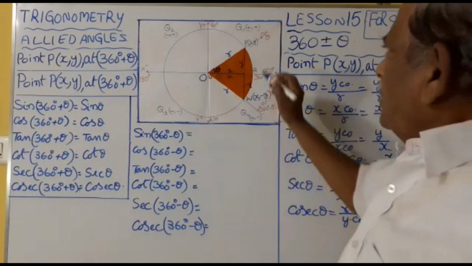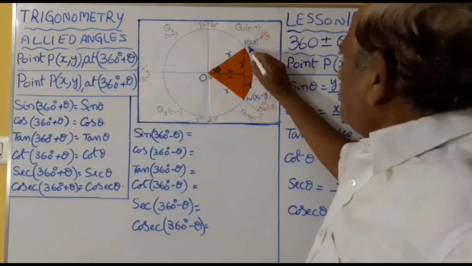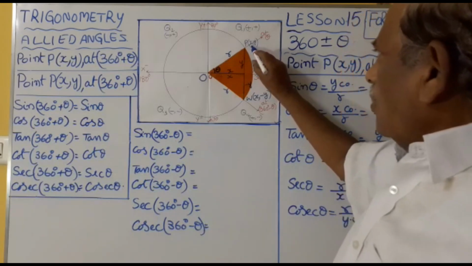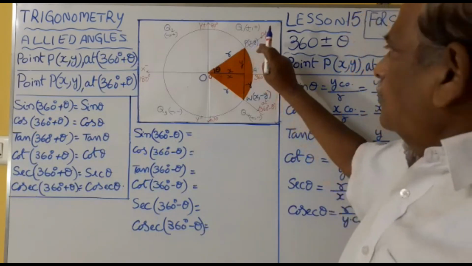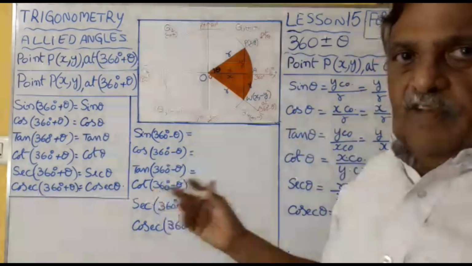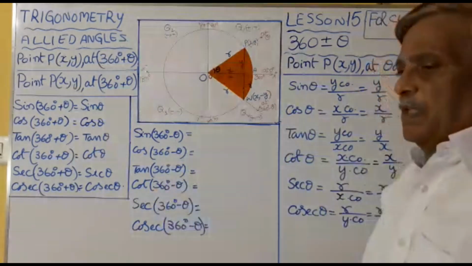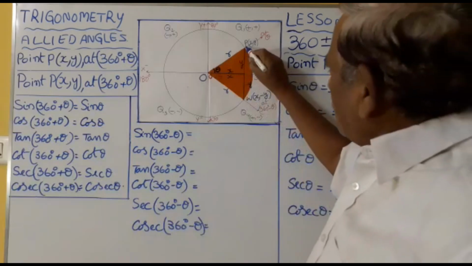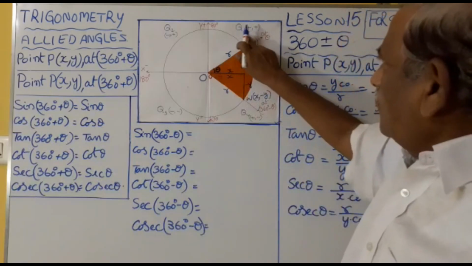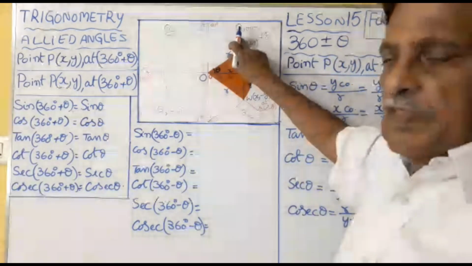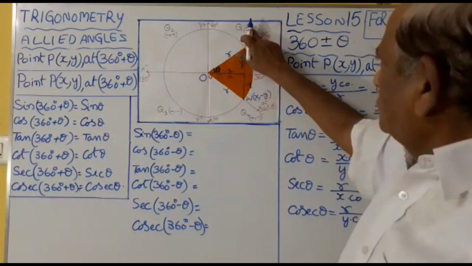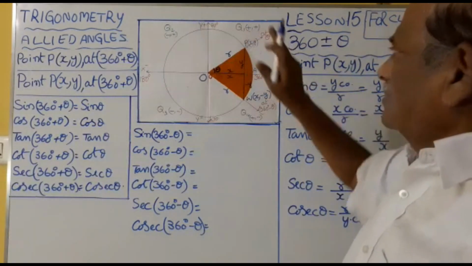Let the coordinates of point P be x and y. Since the point P lies in the first quadrant, the x coordinate is positive and the y coordinate is positive.